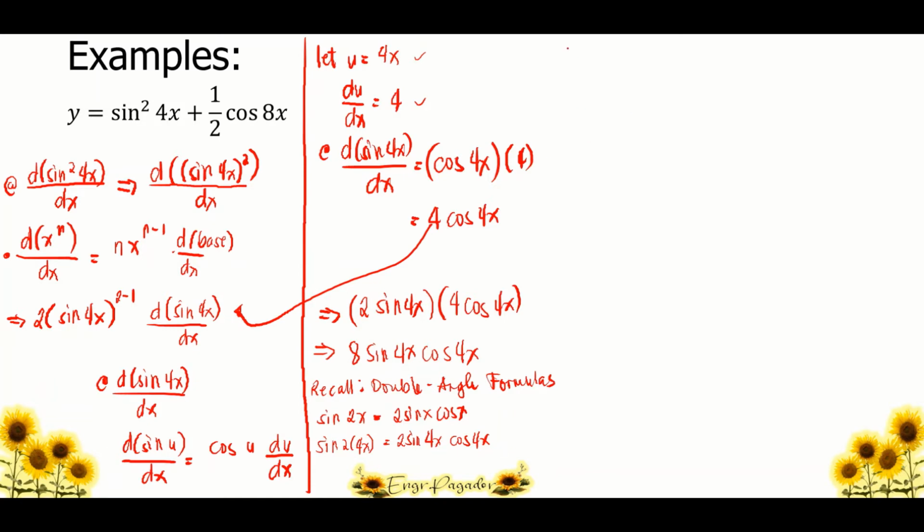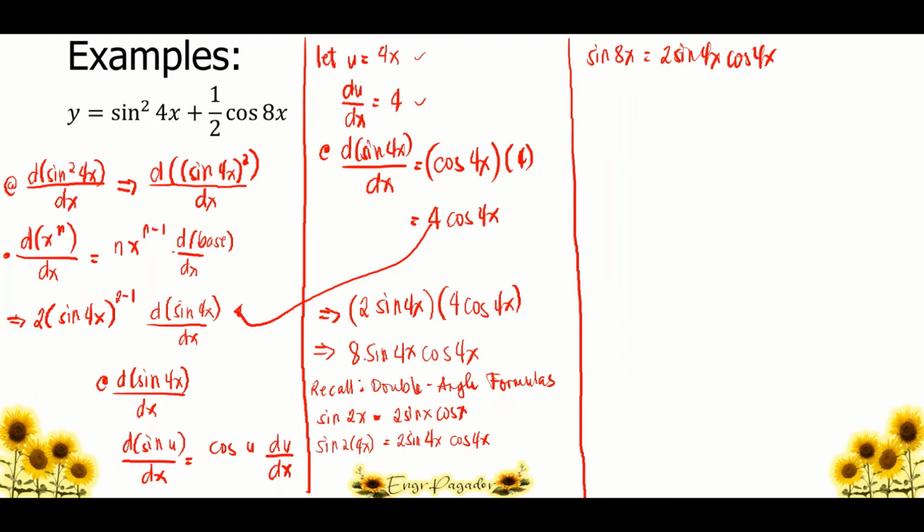So, let's continue in the next column. Sine 2 times 4x is equal to sine 8x, which is 2 sine 4x cosine 4x. Okay, so from here, how do we come up with an equation similar to this one, 2 sine 4x cosine 4x?